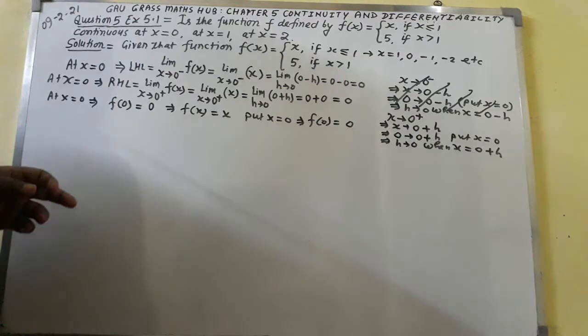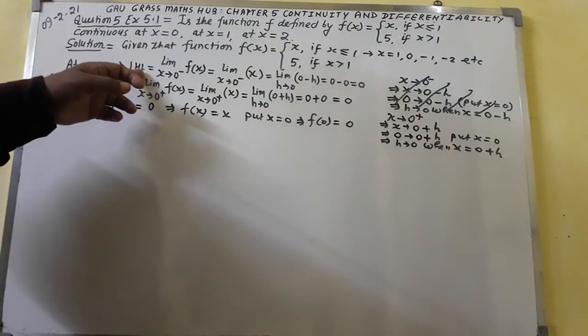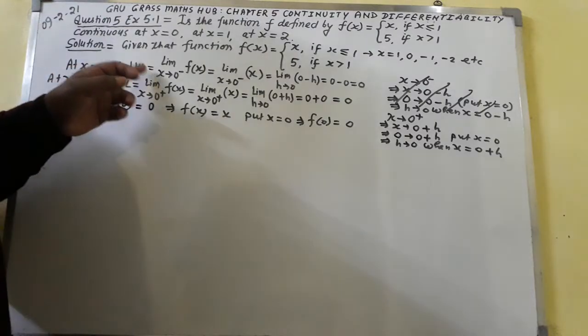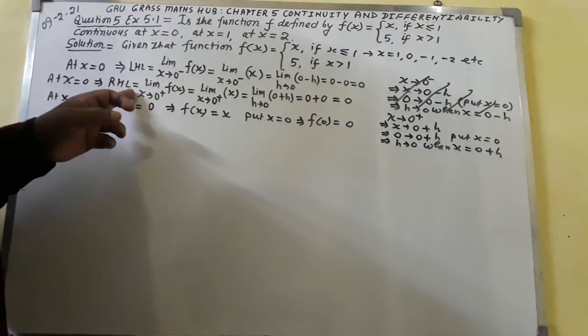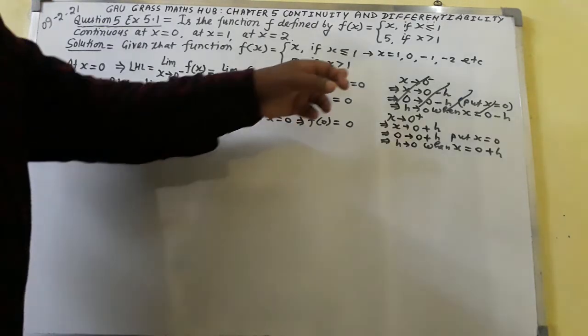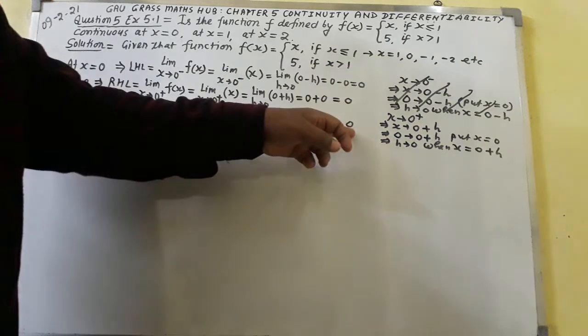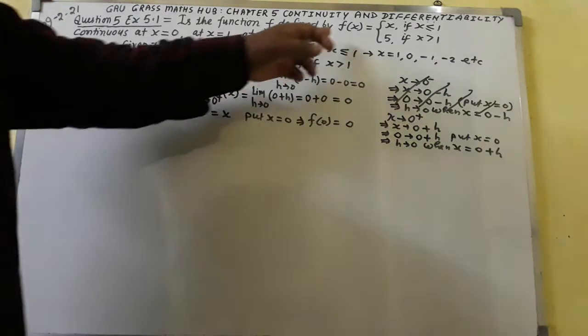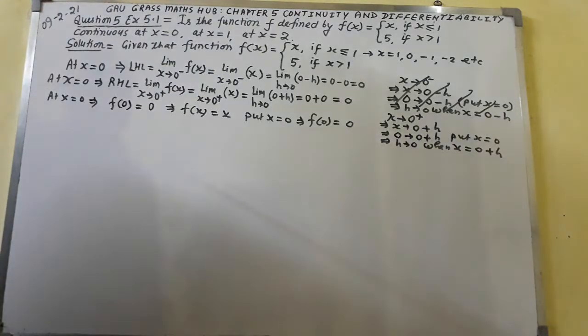So here you have got at x equal to 0 the left hand limit is equal to the right hand limit, and the right hand limit is also equal to f of 0. In all three cases you have got 0. That's why the function f of x is continuous at x equal to 0.